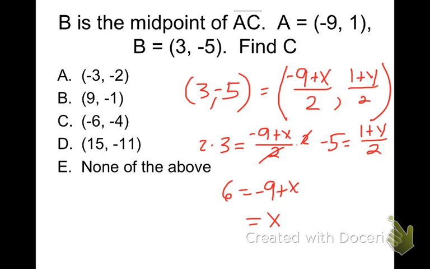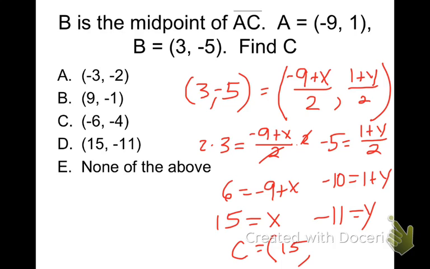Add 9 to both sides, and x is 15. For the y equation, if we multiply both sides by 2, we'll have -10 equals 1 plus y. Subtract 1 from both sides. Y is -11. So C is the point with coordinates 15, -11.